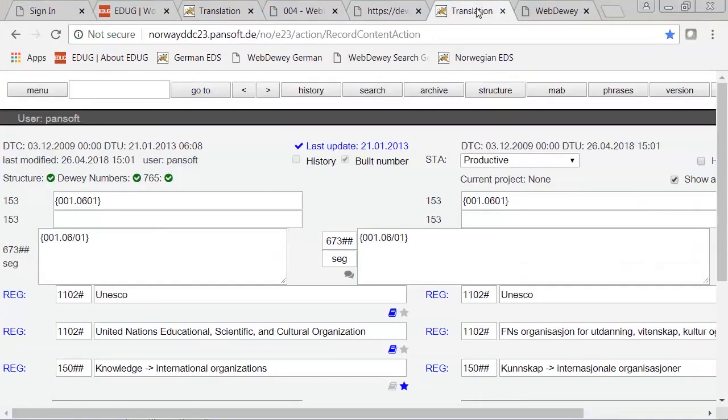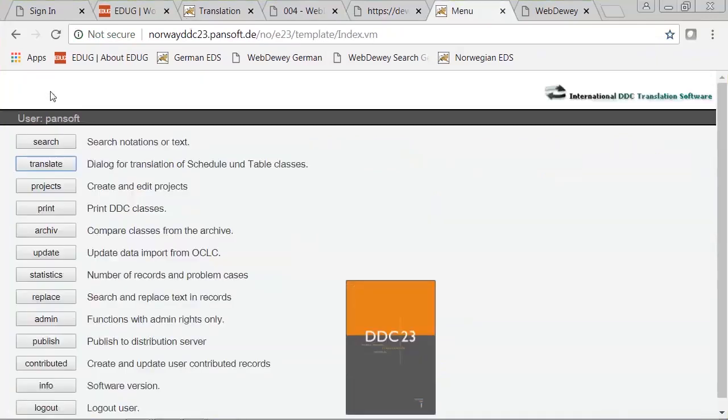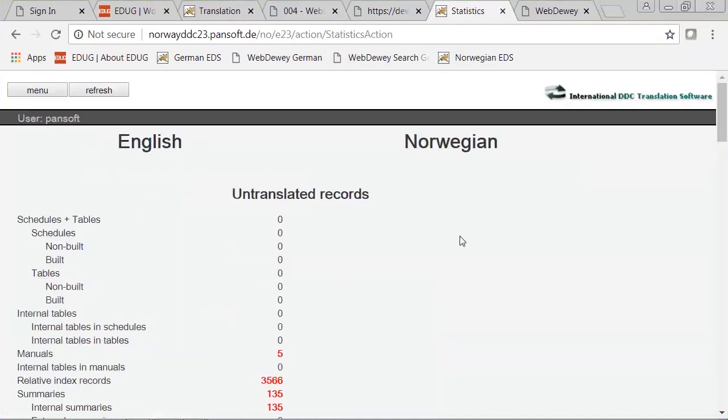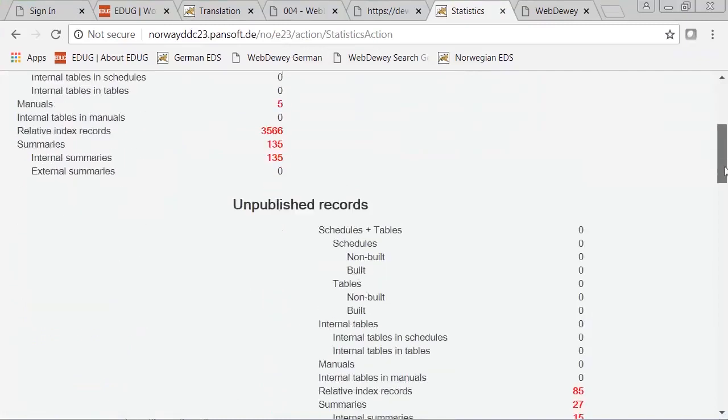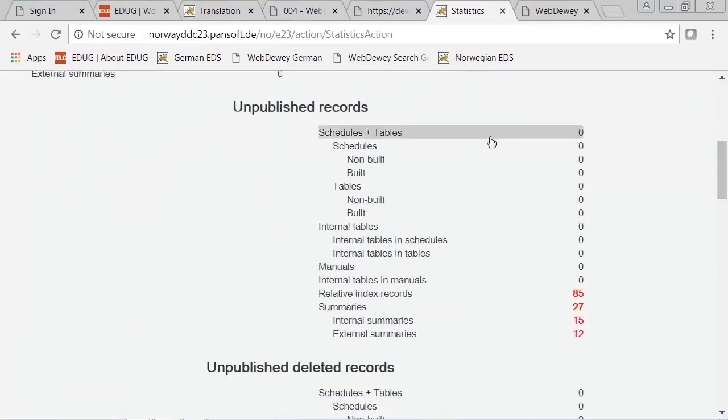Inside the translation software, you have a statistics feature that shows you a lot of information related to how many Dewey numbers are on the English side, how much is untranslated, and this is the productive, so that's quite impressive. You have 0 untranslated records. That is really, really good. And 0 unpublished records. So actually I cannot show anything because you have done all your work.